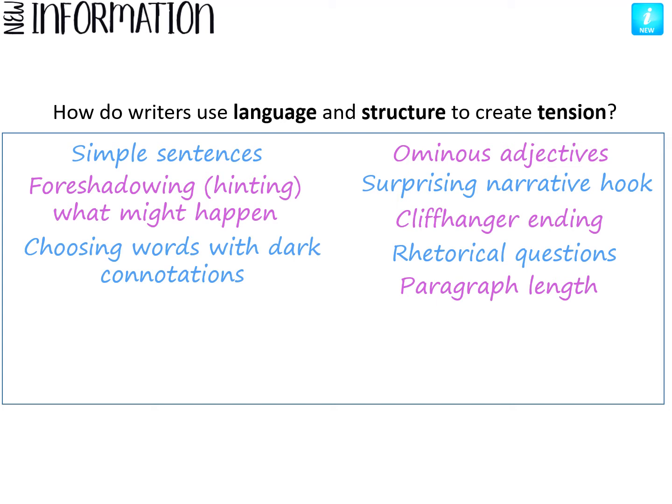A cliffhanger ending, leaving the audience at a point when they want to find out what's going to happen next. Rhetorical questions, questions that don't need answering, letting the reader work it out. And varying your paragraph length, short paragraphs, long paragraphs, in the same way that you might vary the lengths of your sentences.